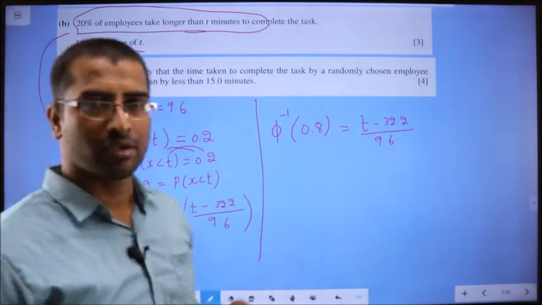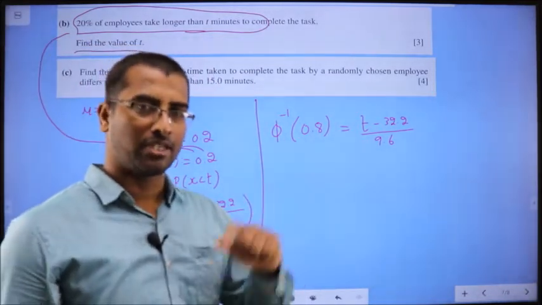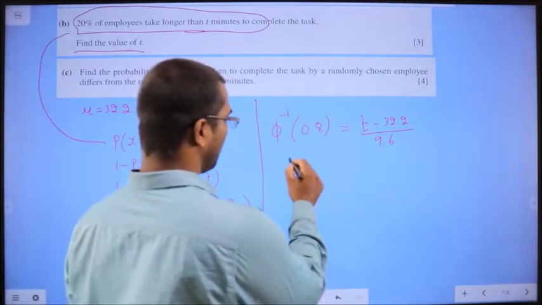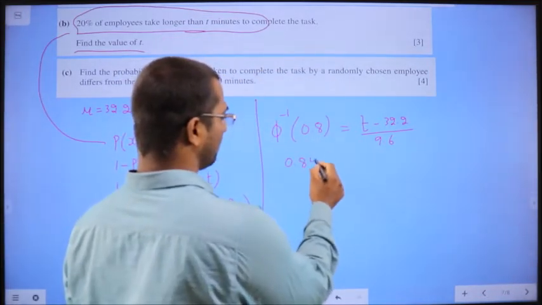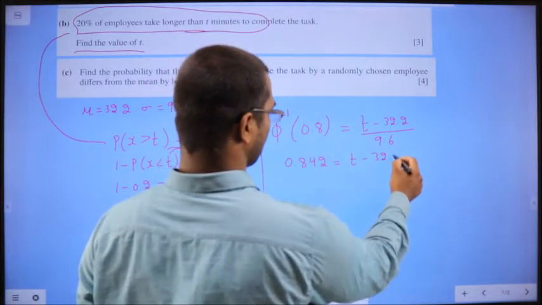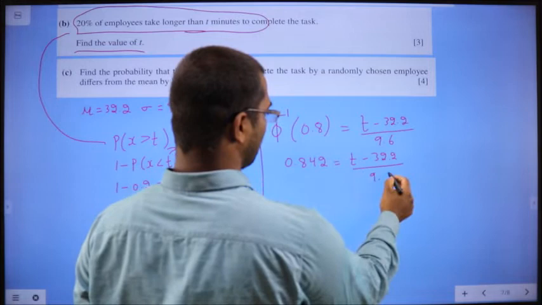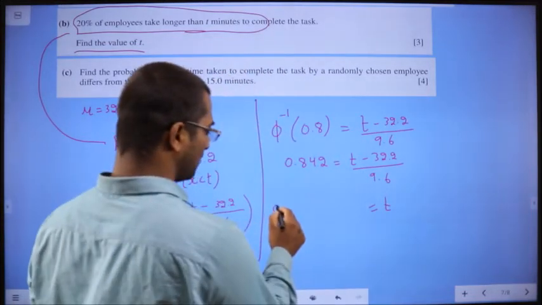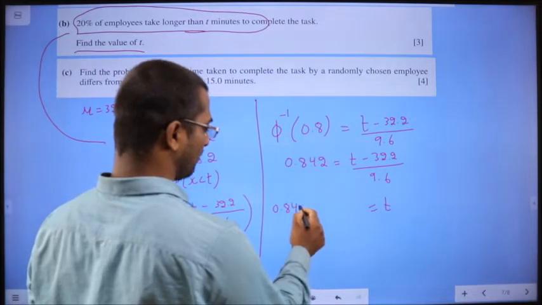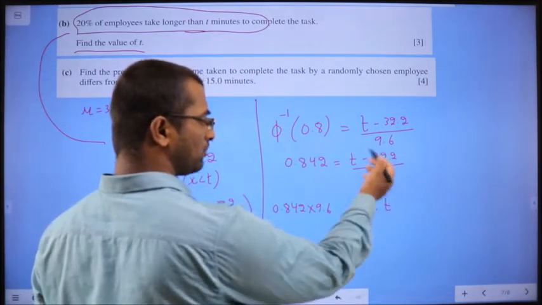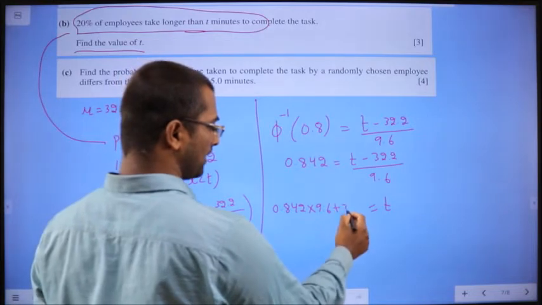Phi inverse of 0.8 you will get from the normal distribution table, and that is 0.842. So make T the subject. First 9.6 will go this side, 0.842 into 9.6, minus 32.2 shifted, so plus 32.2.